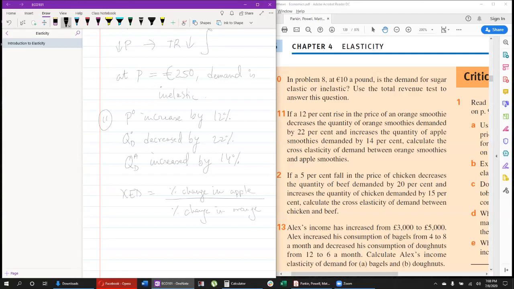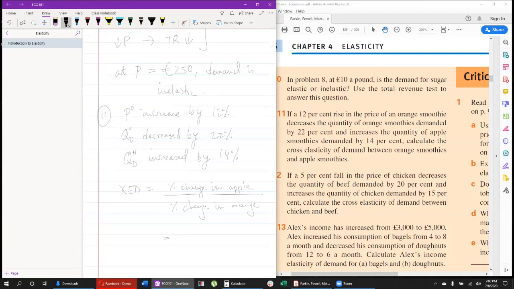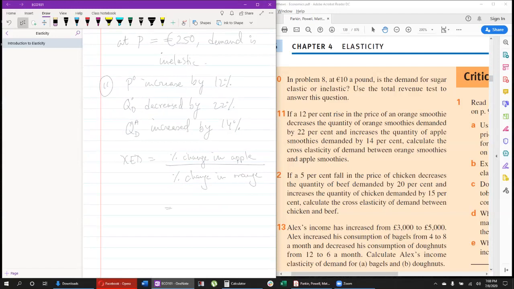And of course, usually we write out the formula to calculate percentage change, which is new minus old divided by old plus new divided by 2. So this is effectively what we do. We calculate percentage change in one thing divided by percentage change in another thing. And in question 11, percentage change in QD.